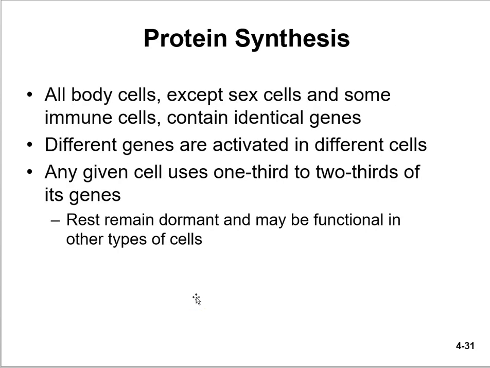All of our body cells, except the sex cells and some of our immune cells, contain identical genes. Remember, half of those came from your mother, half from your father. So for the most part, two copies of each gene, though they might be different alleles. Different genes are activated, though, in different cells. For instance, it wouldn't be very useful for the genes of the cells of your eye to be making the protein insulin.